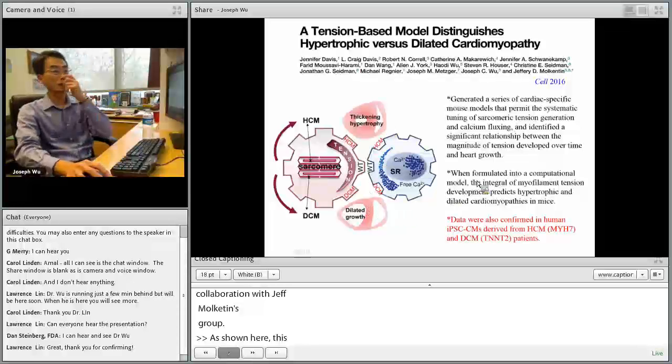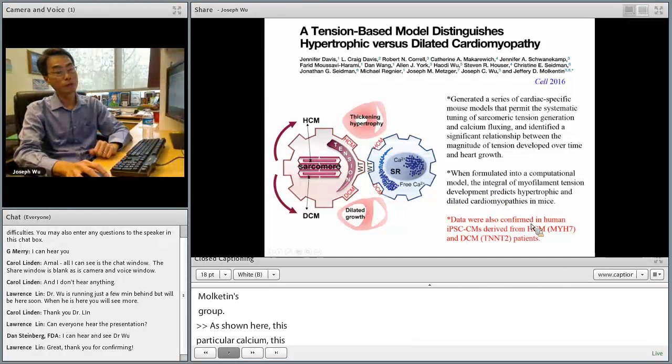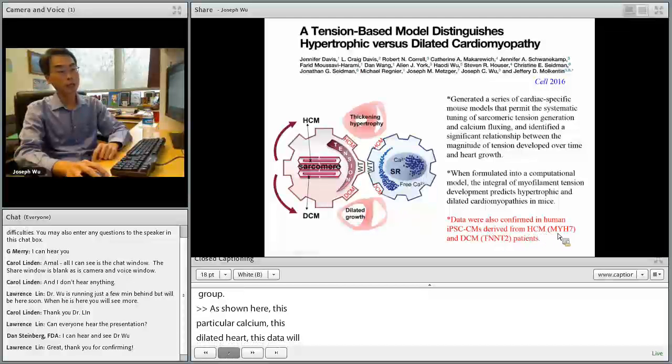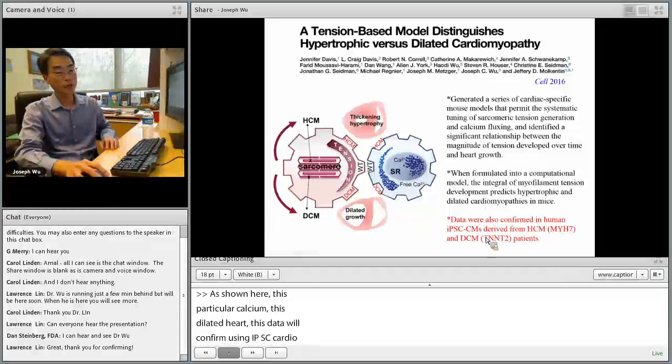And these data were also confirmed using human iPSC cardiomyocytes derived from the hypertrophic patient that I showed you earlier with the myosin heavy chain 7 mutation, as well as the dilated cardiomyopathy patients that I showed you earlier with the troponin T mutations.